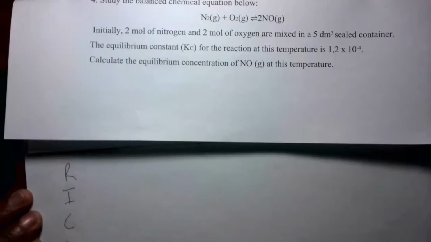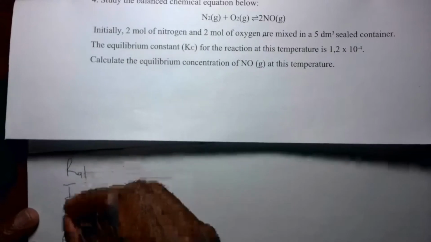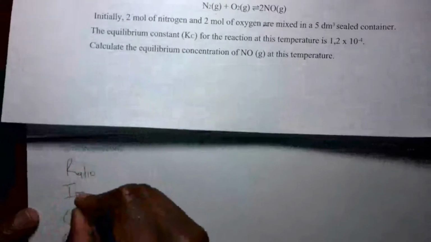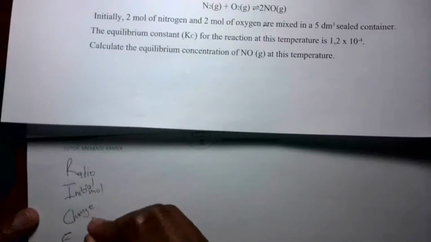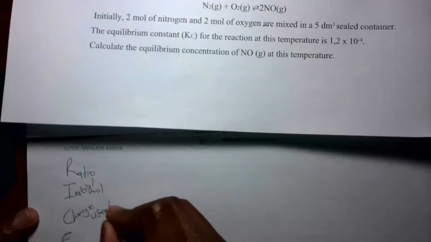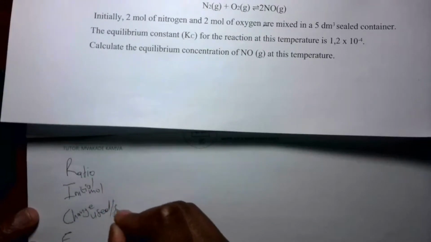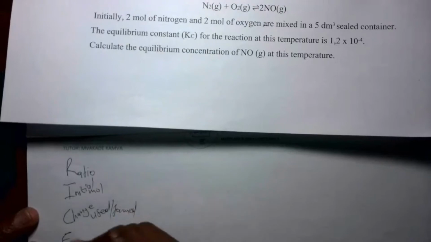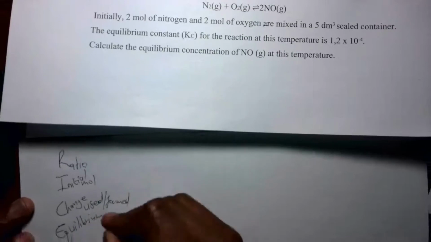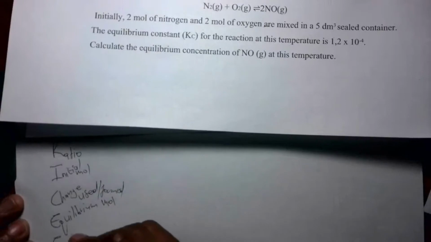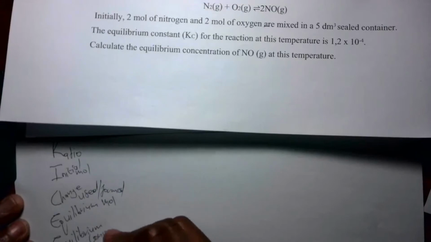Rows: the ratio, initial mole, change (used or formed), equilibrium mole, and equilibrium concentration.